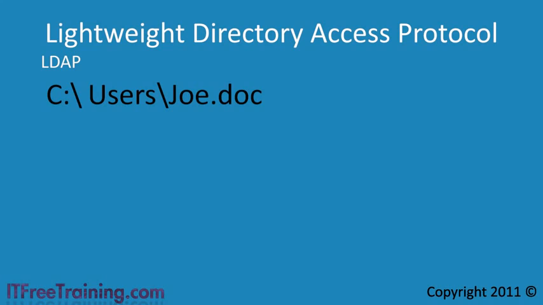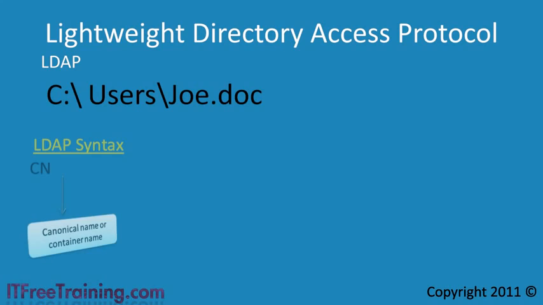If you think of LDAP accessing a hierarchy of folders and files, you'll have no problem understanding the syntax it uses. The first terminology that LDAP uses is canonical name, or container name, or CN for short. Think of this as the file name in the example, or object in Active Directory.